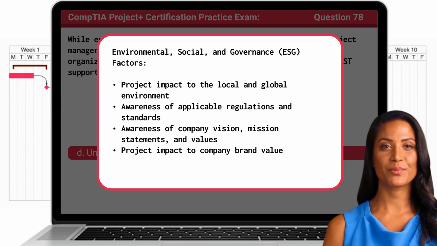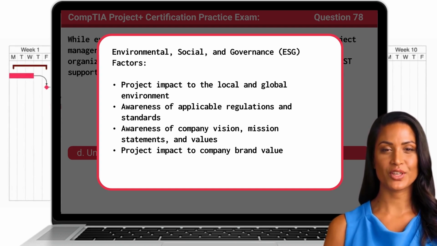In this scenario, the project manager is asked to consider how the project aligns with the organization's core principles. This directly relates to the ESG factor involving awareness of the company's vision, mission statements, and values. Understanding these elements helps ensure that the project supports not only operational goals, but also the organization's ethical and social responsibilities.